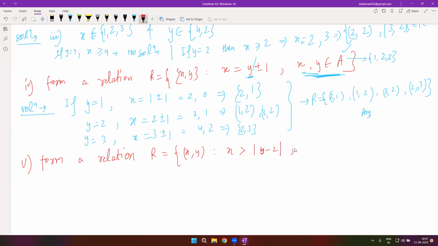So x is greater than mod of y minus 2, and x and y both are from set A.